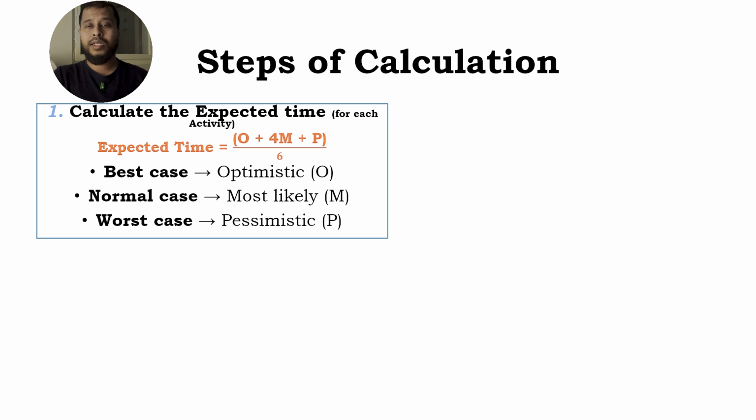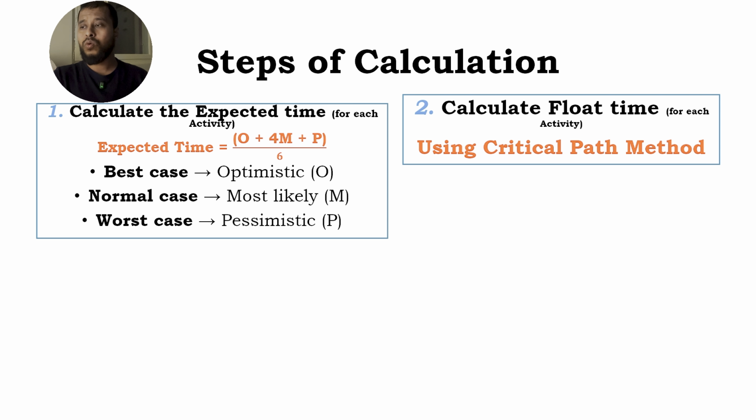We will calculate expected time by using those three forms: O plus 4m plus p divided by 6, or optimistic time plus 4 times most likely time plus pessimistic time, divided by 6.